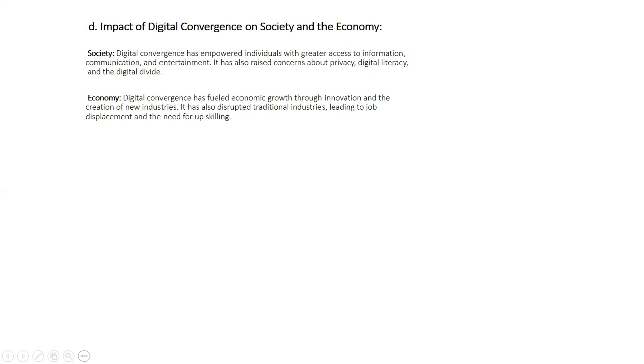It has also disrupted traditional industries, leading to job displacement and the need for upskilling. So people need to upskill in order to cope with the impact on the economies.